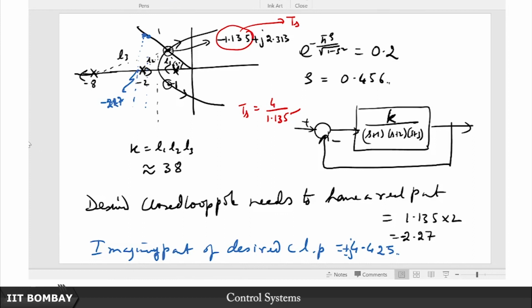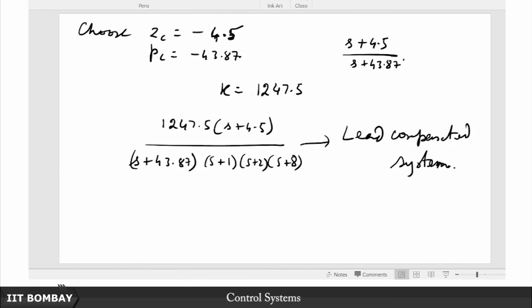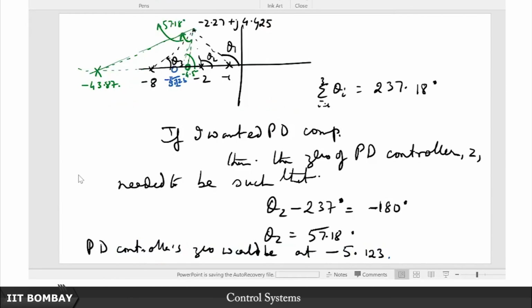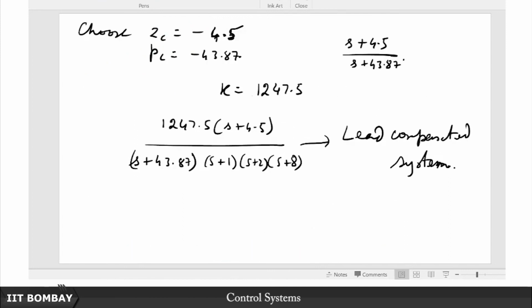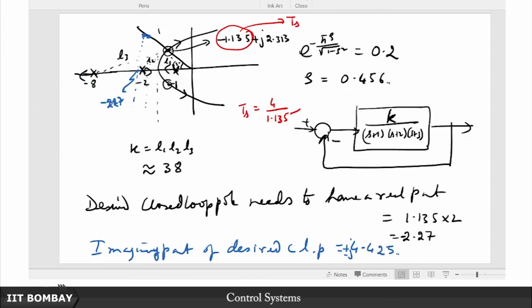So the steady state error, if I computed here for the uncompensated system, this was the plant. Let me make an aside here.